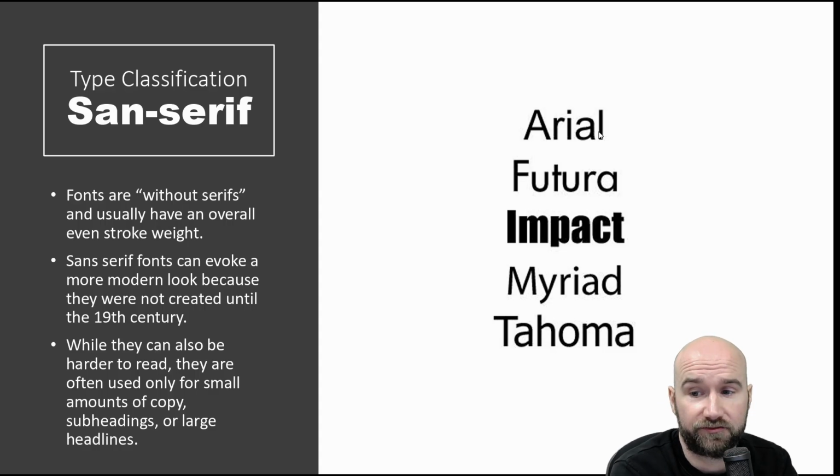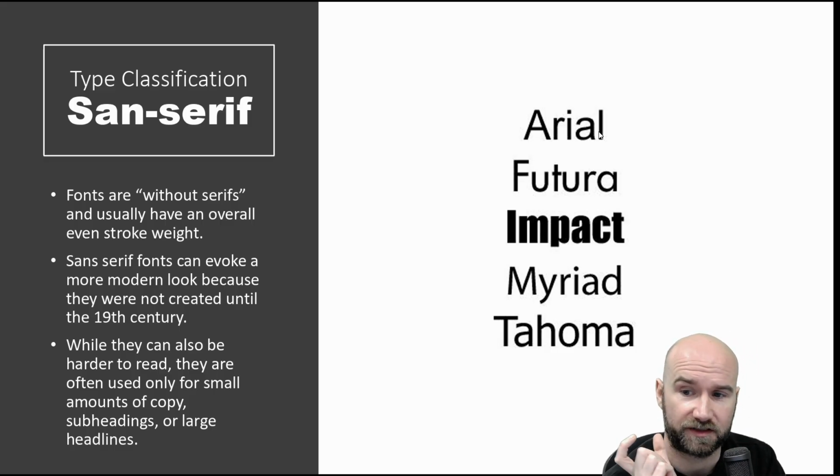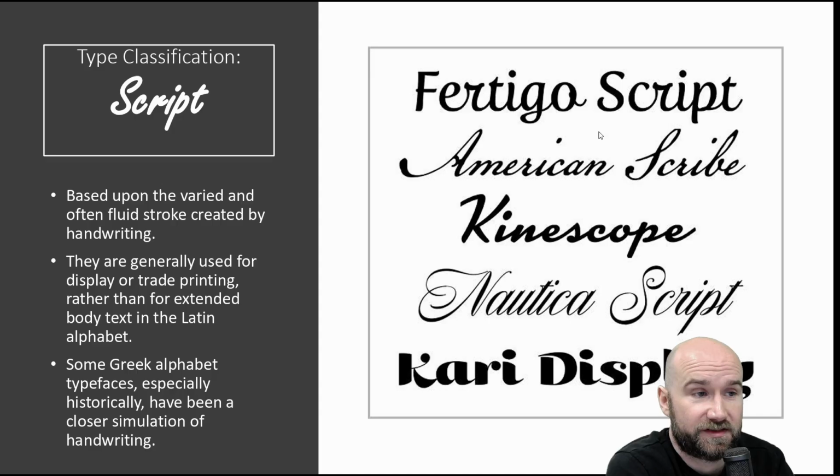And when we say difficult to read, it means it's difficult to see at a glance what the word is. It's like when you see a word that's all capitals, your brain will take longer to figure out what it is because it can't draw from the cues. So here's an example of some of the sans serif type styles.